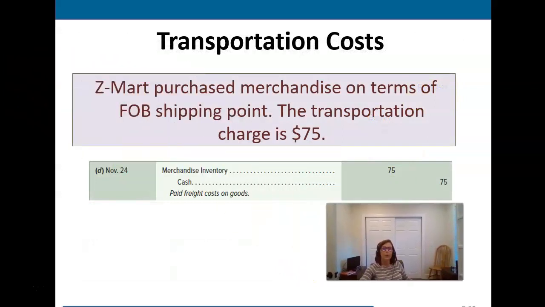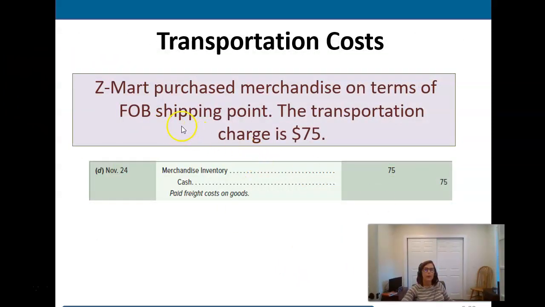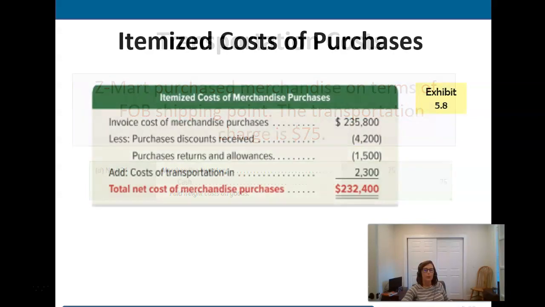And here's an example for FOB shipping point with a transportation cost of $75. So this is where the buyer is going to record that in their books. So in terms of the cost of purchases, this is a breakdown of what this is going to look like.